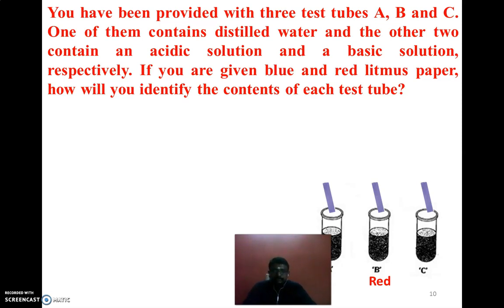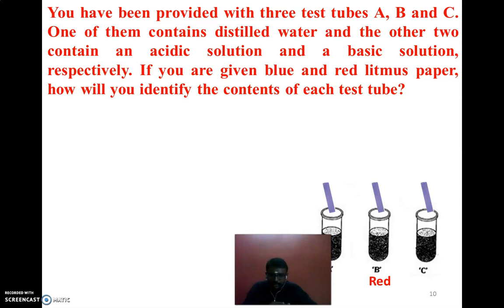First we take the blue litmus paper and dip it in the 3 test tubes. The litmus paper that changes from blue to red indicates the acidic solution.